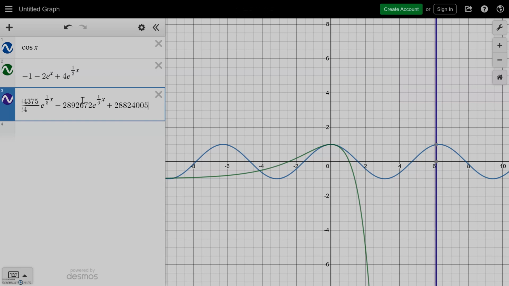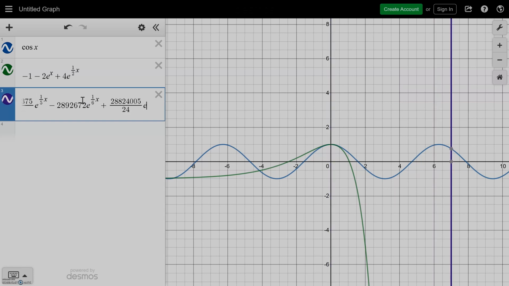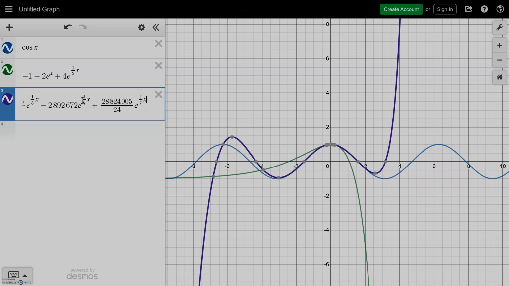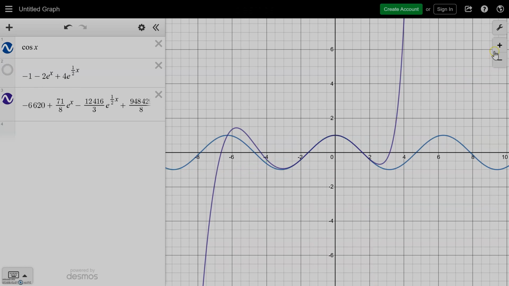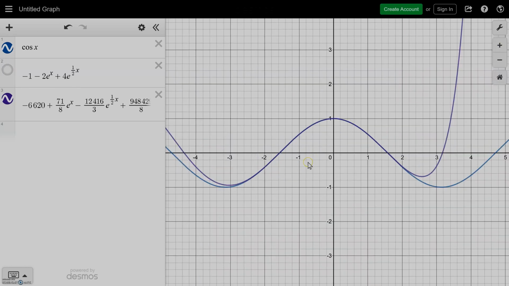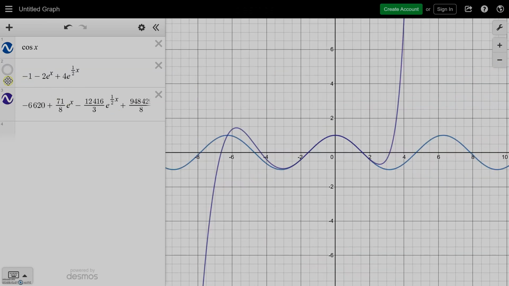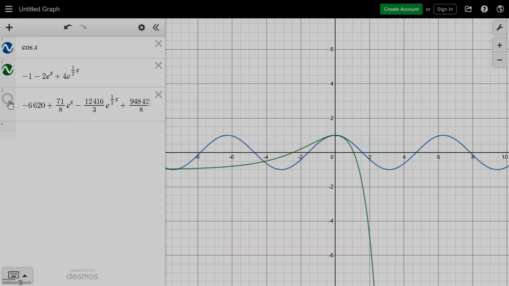We're going to take a look at this approximation with e to the 1/7 x, and now we can see the glory of this exponential series. So after 8 terms, around 0, the function is very, very close to cosine x, but even looking farther out, as far out as between -3 and 3, these values are fairly close, and it's much closer than that original 3-term approximation.